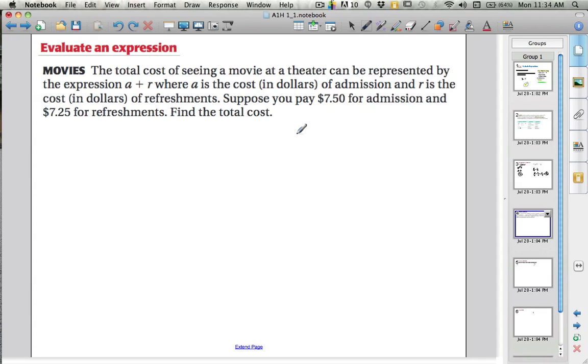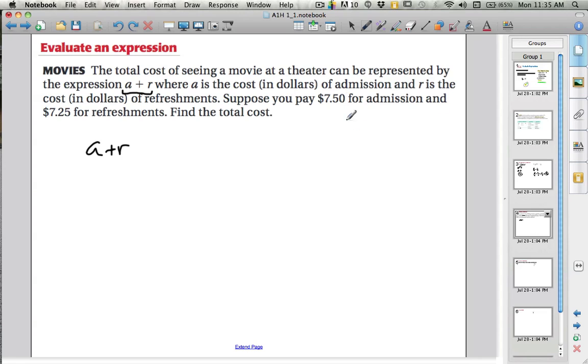When we have something expressed in a real-world descriptive form, we want to evaluate an expression, but we may or may not have the expression. So let's read the problem. The total cost of seeing a movie at a theater can be represented by the expression A plus R. So I do have the expression A plus R, where A is the cost in dollars of admission and R is the cost in dollars of refreshments.